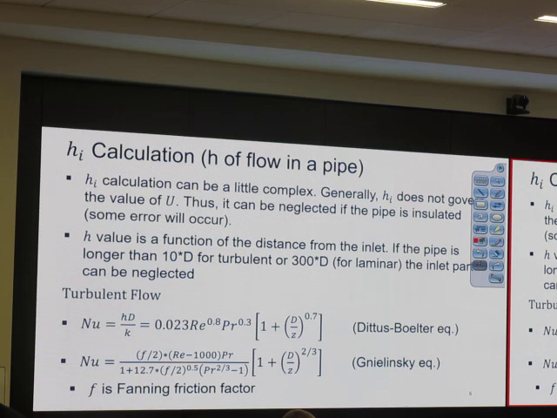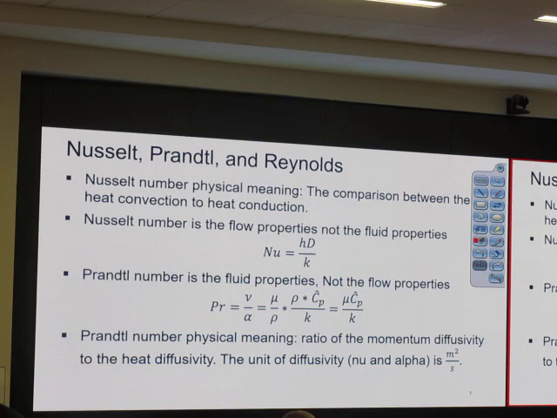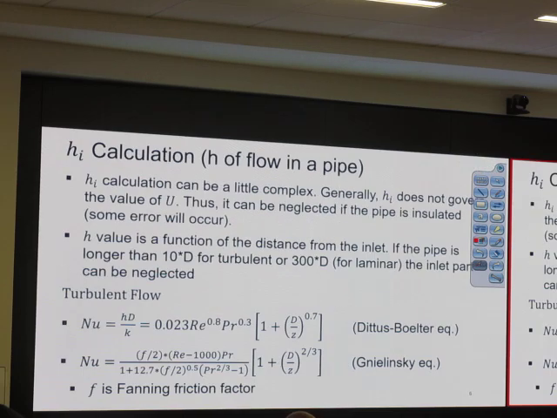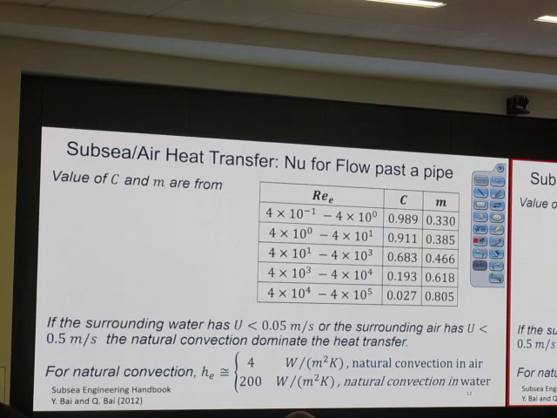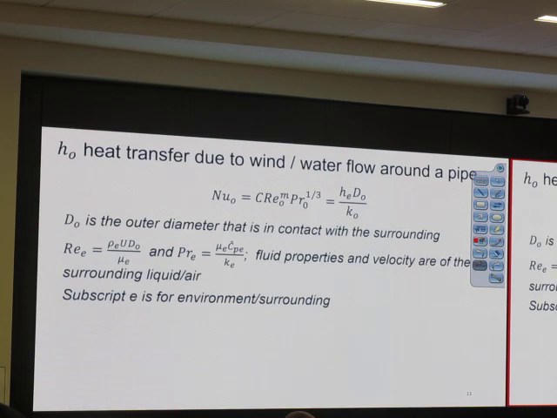H sub O, the outside heat transfer coefficient, is the same. It's from another correlation, but this time it's a correlation for external flow. For the external flow, we skip the boundary layer theory and everything. We have the same formula.